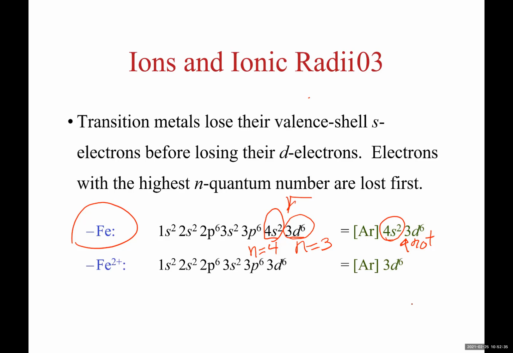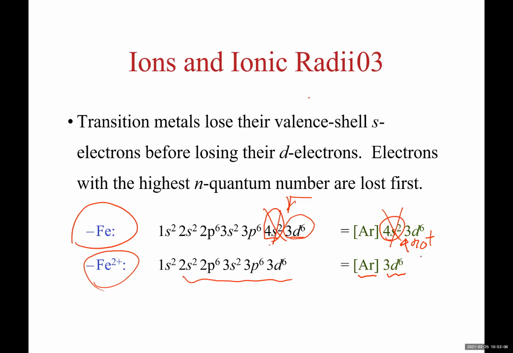So what is the electron configuration of Fe+2? Well, Fe is going to lose these 2 electrons. So this is the electron configuration of Fe+2, which is argon and 3d with 6 electrons in it.